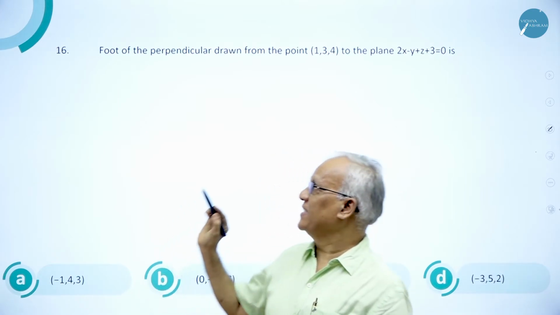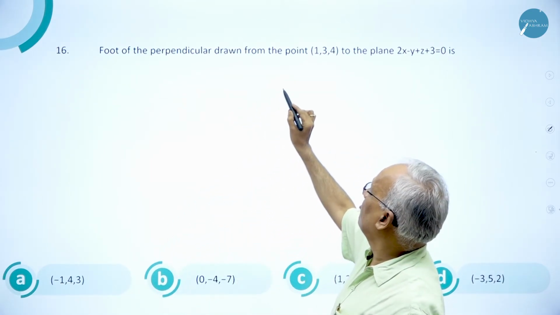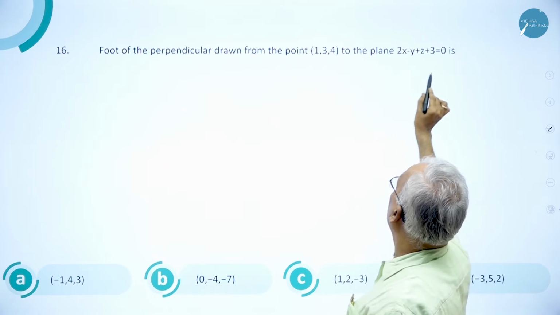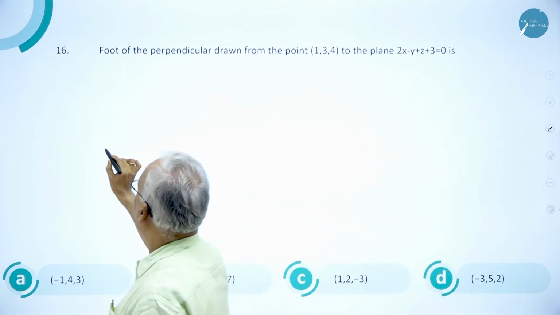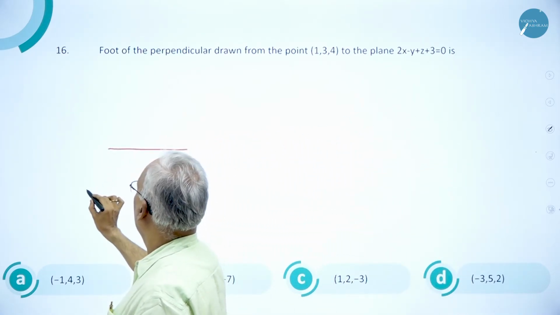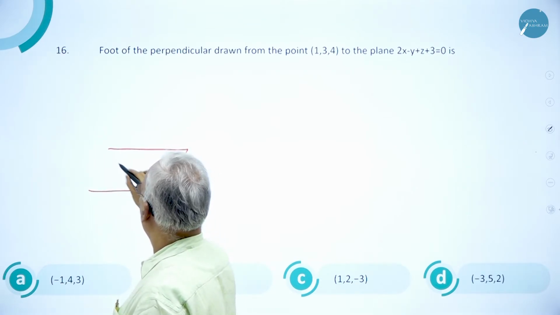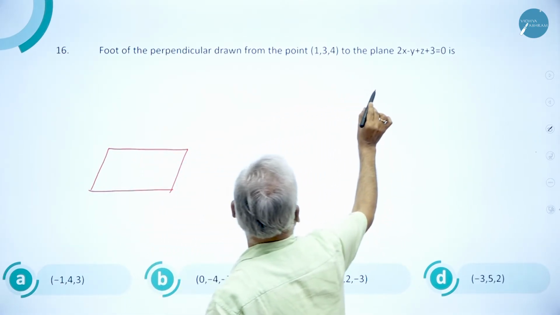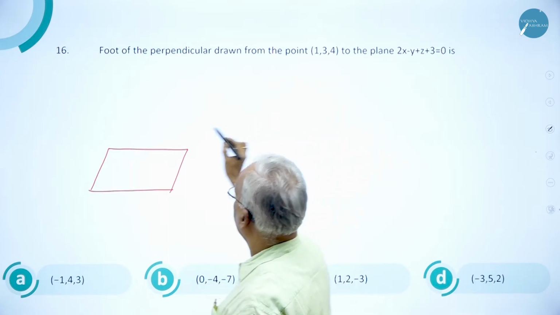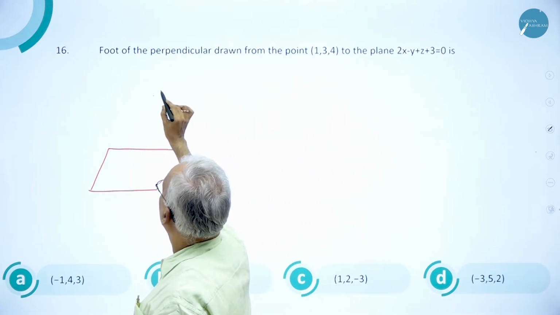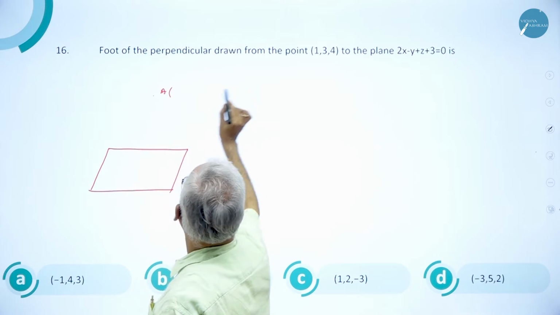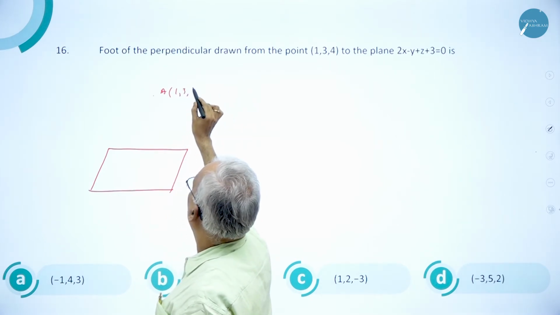So question number 16, foot of perpendicular drawn from point 1, 3, 4 to the plane is. See, you consider a plane whose equation is given 2x minus y plus z plus 3 equal to 0. Point is A, you call this point A, 1, 3, 4.